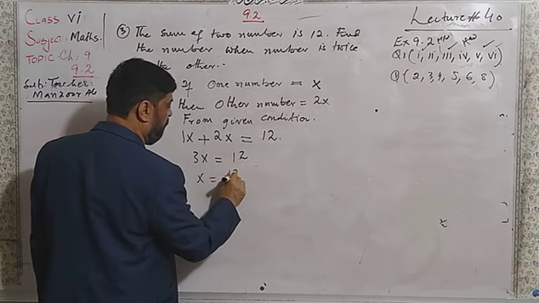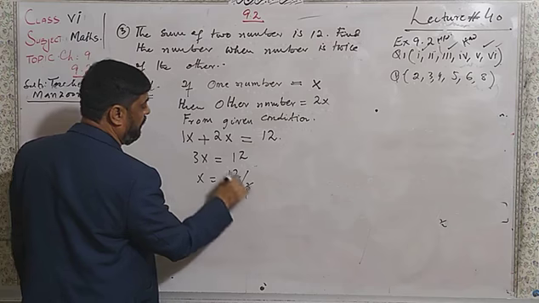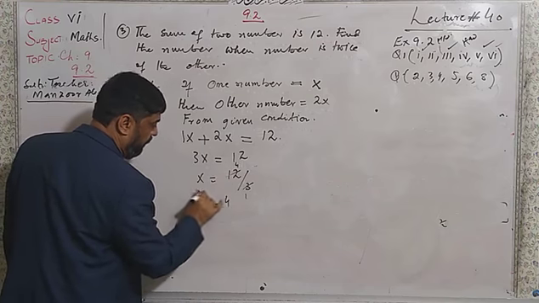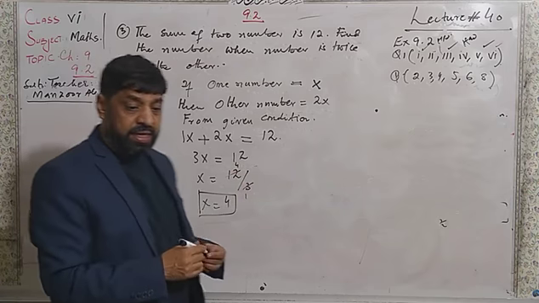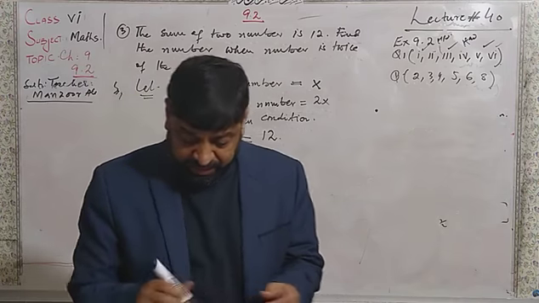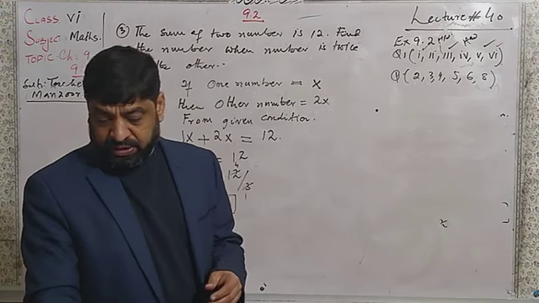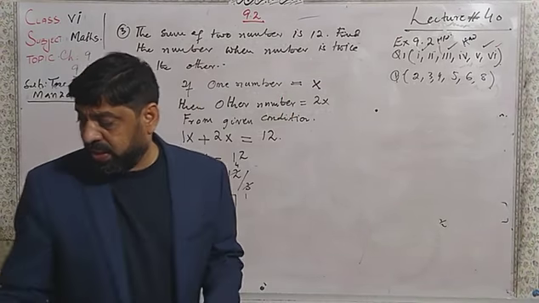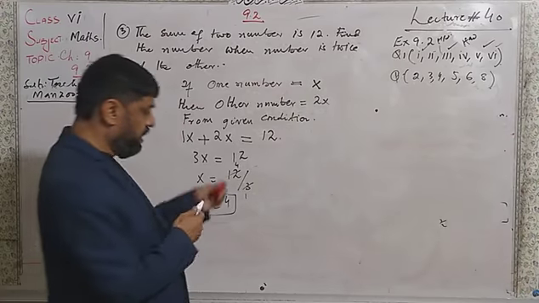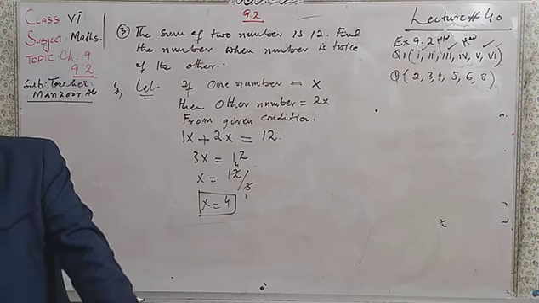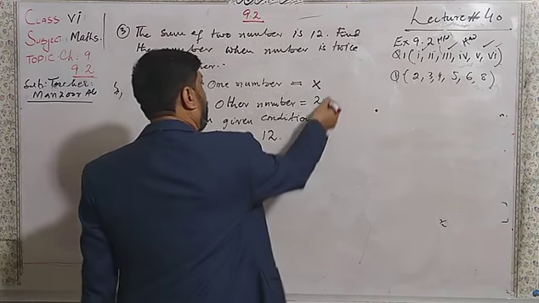x is equal to 12 divided by 3. 1 time here, 4 times. x is equal to 4. Dear students, this is the value of x. Now let us find the required numbers.